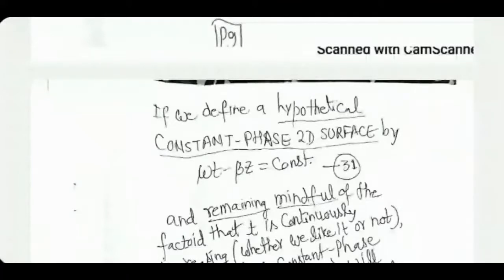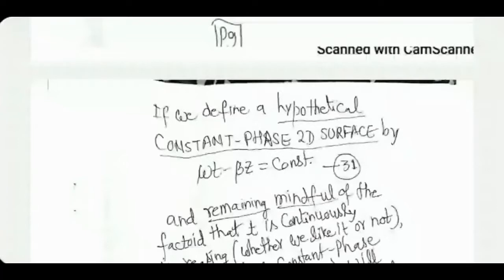For different constant values, you will have different surfaces. But let's imagine that we are trying to look for an imaginary surface where omega t minus beta z is constant. You want to maintain constant phase shift on this surface.